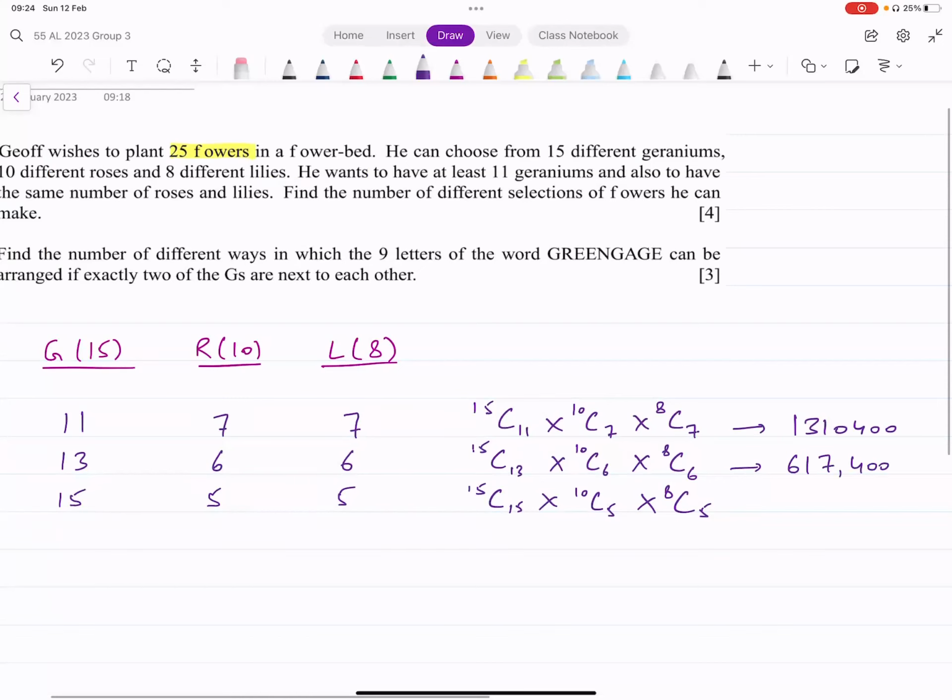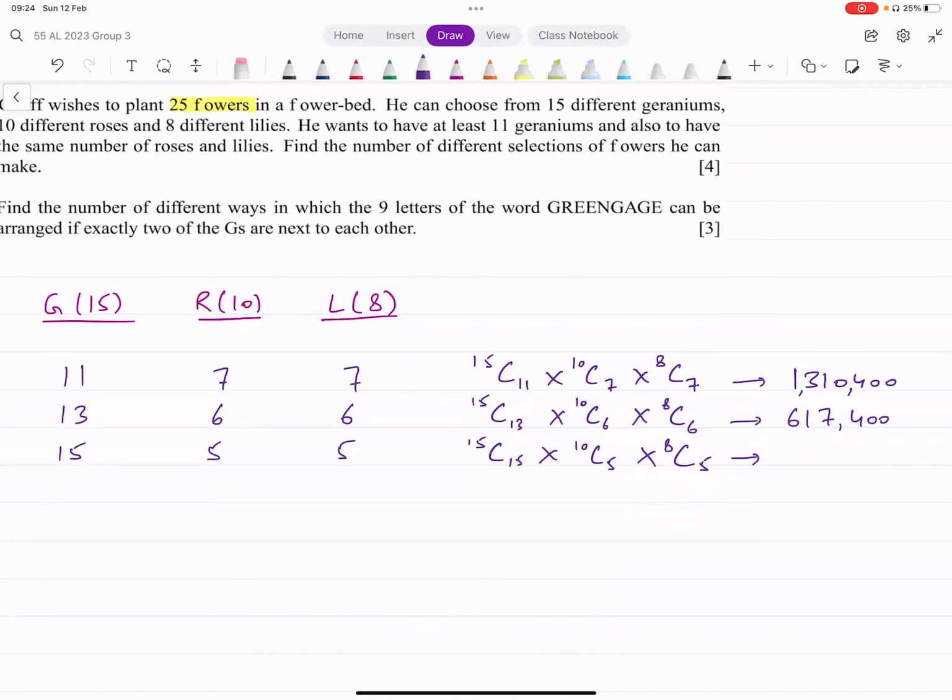And the last one? 14,112. Now we just add all of them up and we get the total. ठीक है, आप देख लें क्या आता है. What's the total? 1941,912.